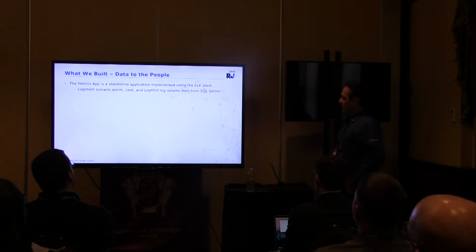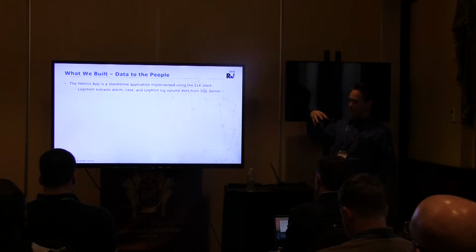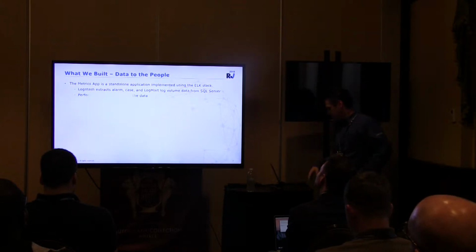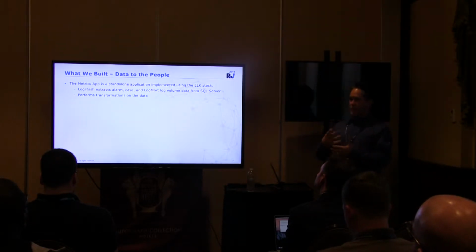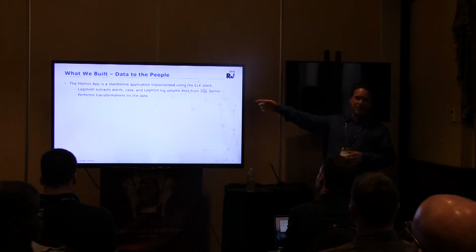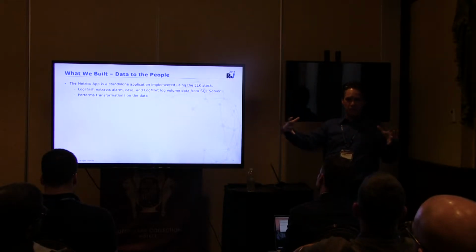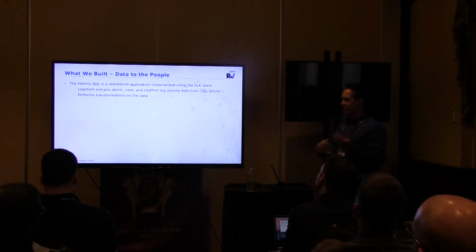What do we want to do? We use Logstash to extract the alarm case and logmark data from SQL Server into memory, where it performs transformations on that data. Data in the relational databases is normalized, like strings are taken out and numbers are put in to reduce record bloat, and also to optimize the relational queries that go on in the relational database.